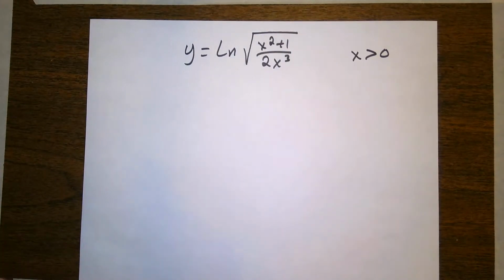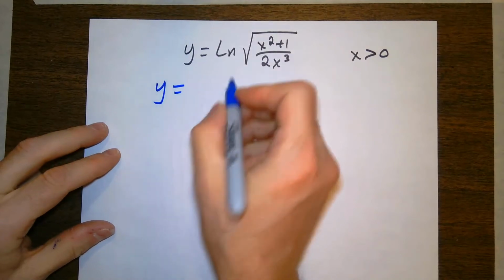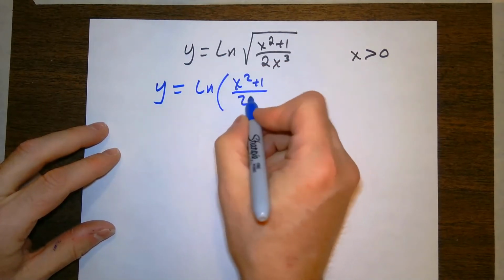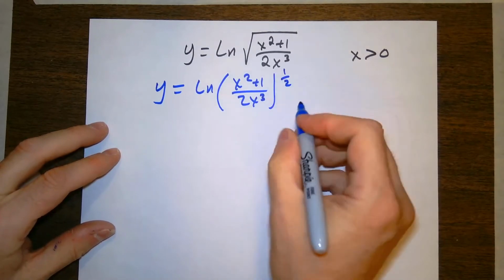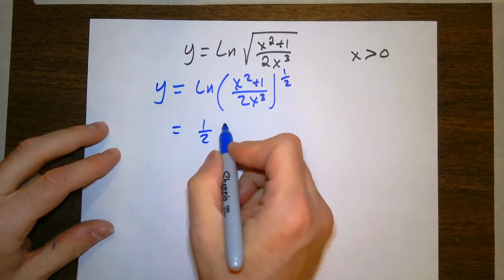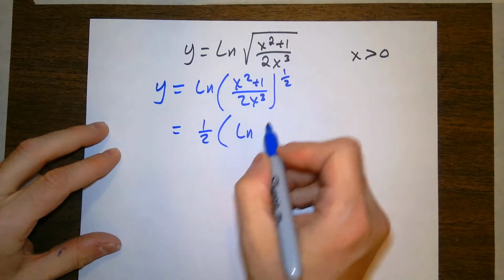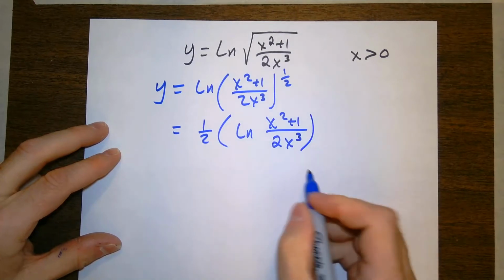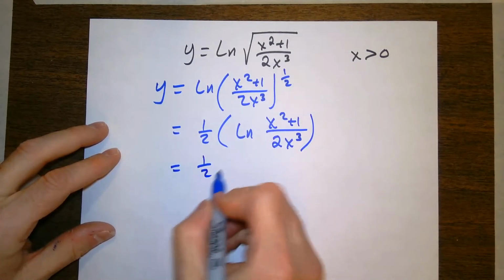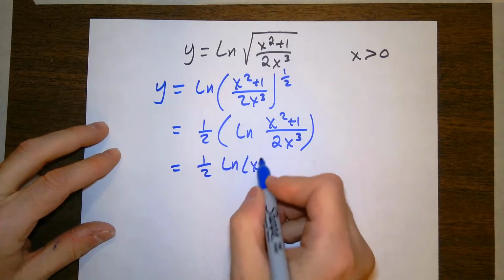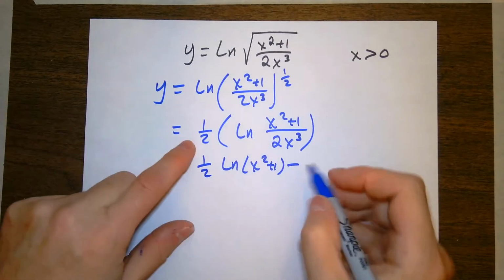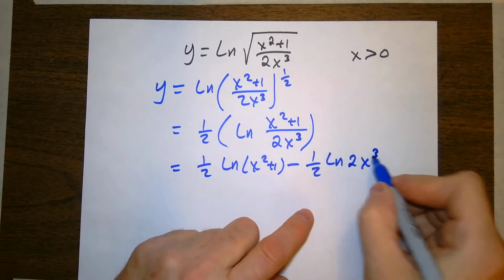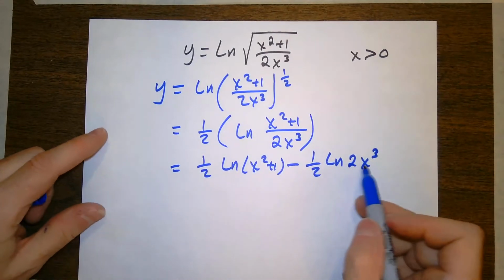So using properties of logarithms, I'm going to get y equals the natural log of x squared plus 1 over 2x cubed to the 1/2 power, 1/2 times the natural log of x squared plus 1 over 2x cubed, 1/2 the natural log of x squared plus 1 minus, don't forget the 1/2, times the natural log of 2x cubed. I can break this up some more.